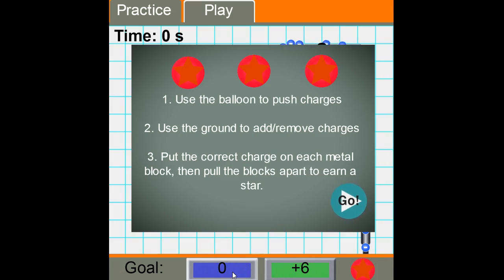On the blue block you're being asked to try and get 0 units of charge, and on the right hand side +6. And you have at your disposal the balloon and the earthing spike, and you've got to somehow redistribute the charge on those blocks to match the goal. And when you do that, you get 1 star. You've then got to try and get the next one and the next one, and then record your total time.